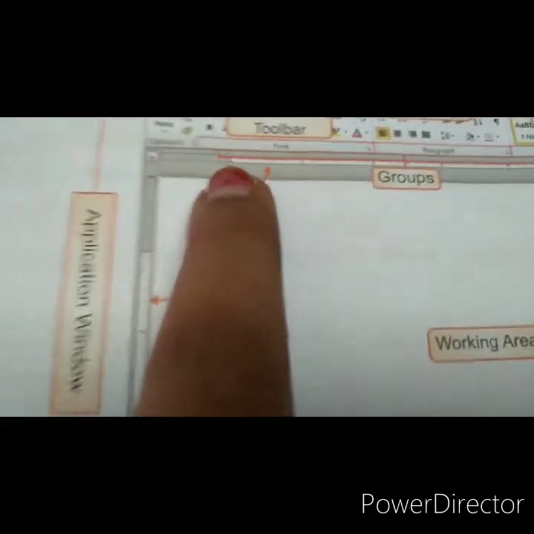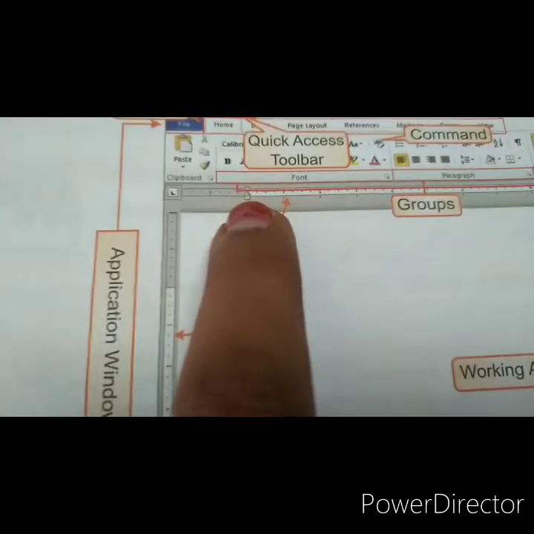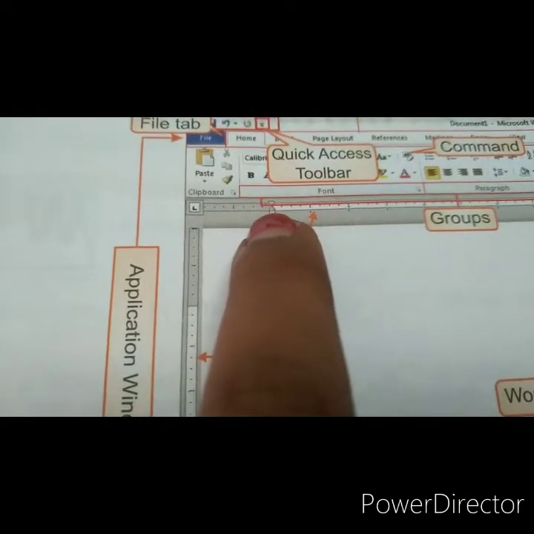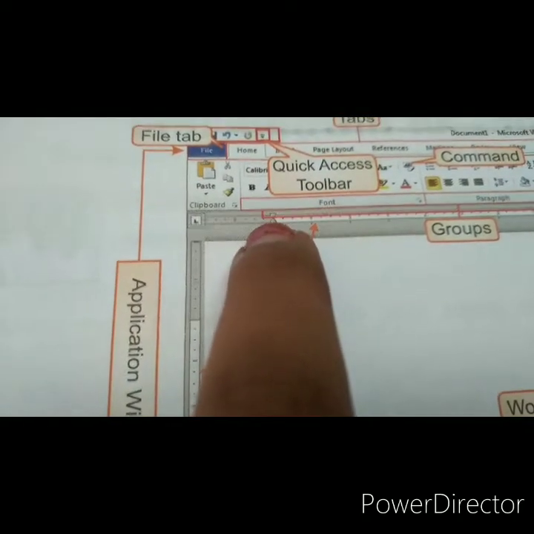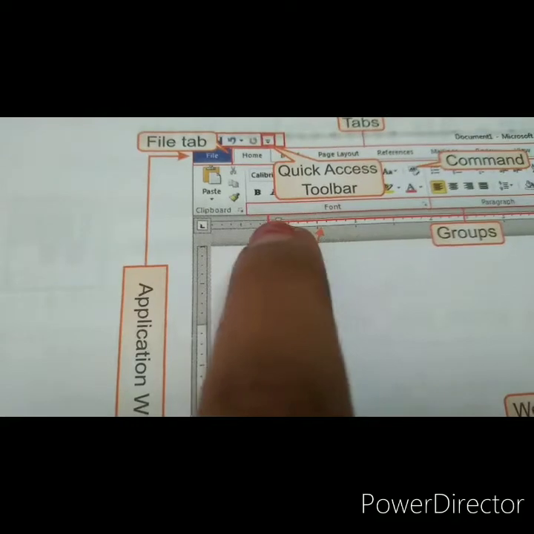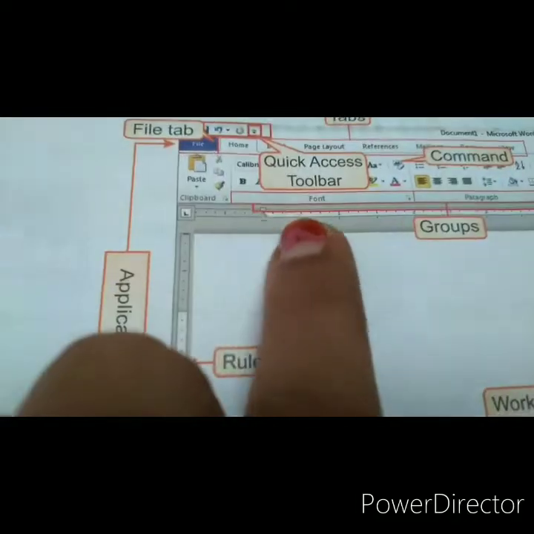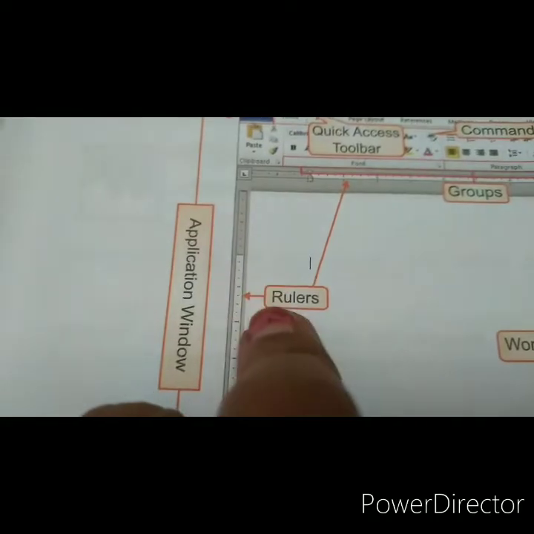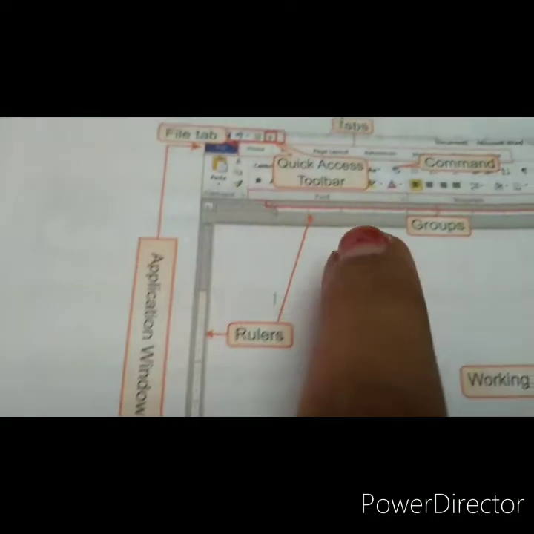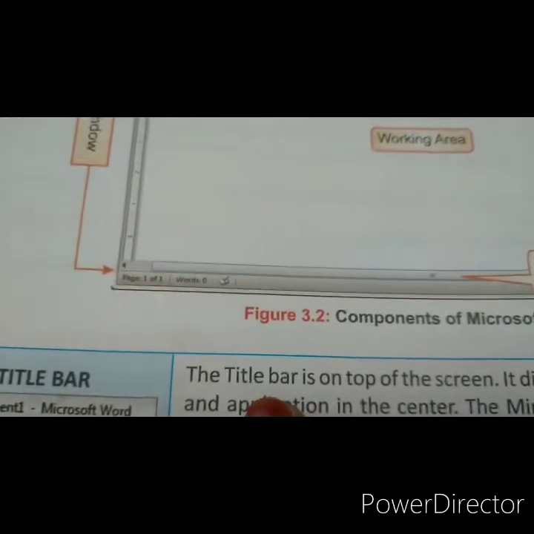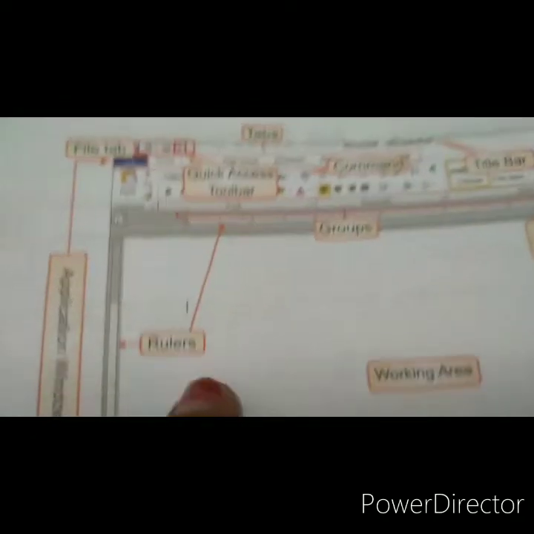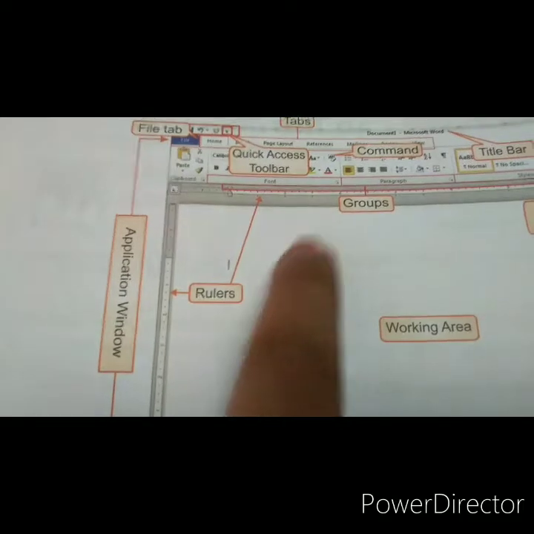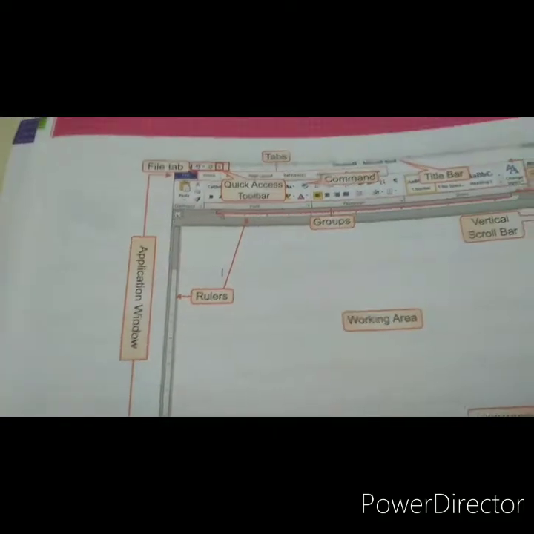See children, here we can see the up arrow and down arrow type buttons. By using the mouse pointer we can move these margins. Means the margin of the page can be adjusted towards left and right, and the page is measured vertically and horizontally by using these rulers.